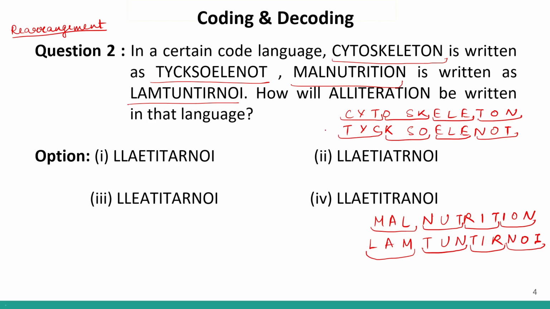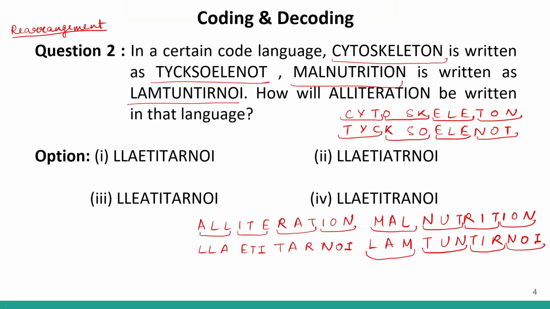So we will do the same thing for ALLITERATION. This is the spelling. We will first divide them into groups of 3. So ALL, ITE, RAT and ION. Now we will reverse the order. So it will be LLA, ETI, TAR and NOI.